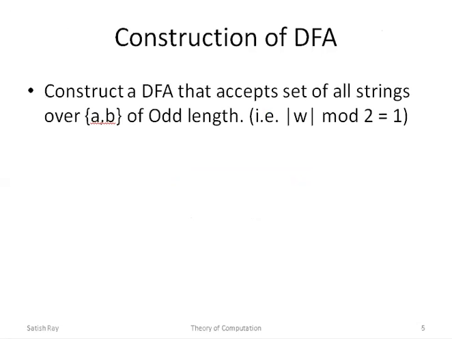Now we will see construction of a DFA that accepts set of all string over A and B of odd length. So first we will find the sigma, that is A and B. Here we do not have to accept the string of length 0, that is empty string.